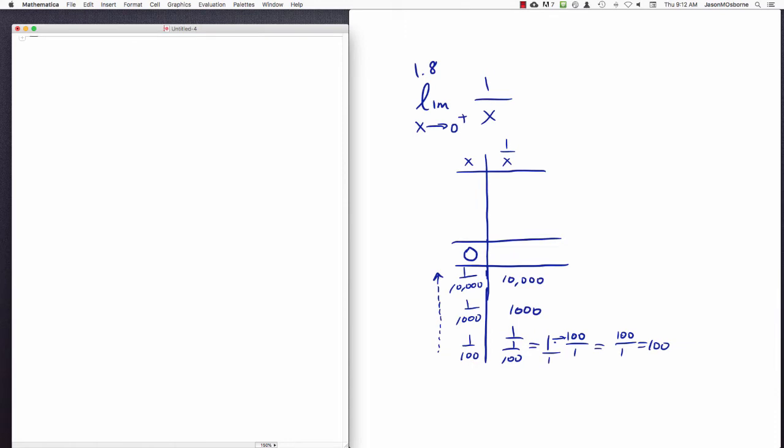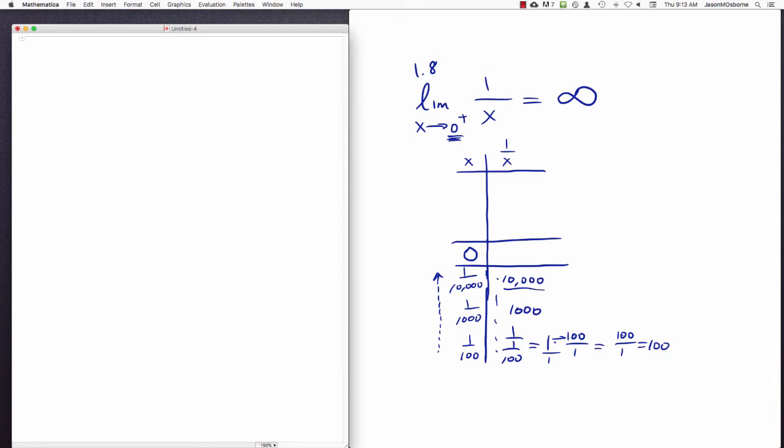So can we see what's going on here? Can we see the trend? The closer and closer we get to 0 from the right, the bigger the numbers are getting. And in fact, the closer you get, the bigger these numbers are going to be. Which is why in this problem we say that as x gets closer and closer to 0 from the right, this function is getting bigger and bigger, which is what we mean by putting the infinity symbol there.